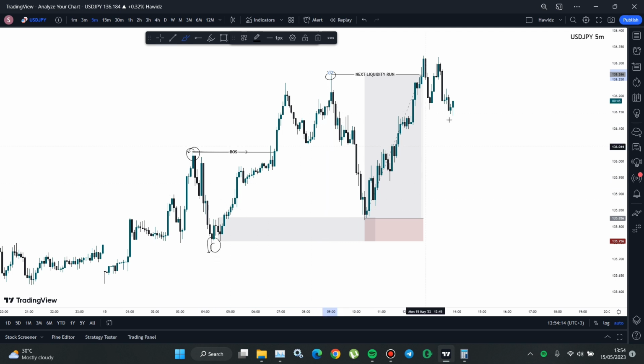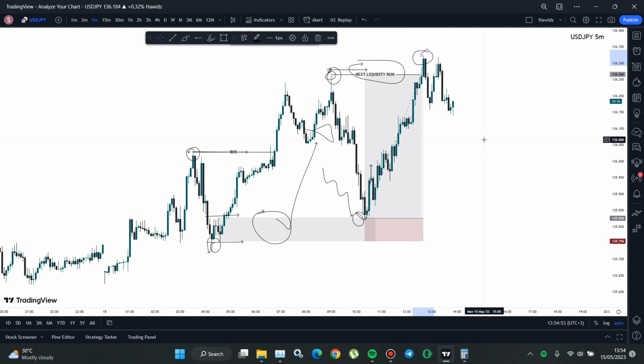Now, of course, what we just did is apply the concept of supply and demand, whereas we needed to find ourselves a correct demand zone or a bullish order block that price would probably retrace into before going higher and taking out this high here as its next liquidity run. And that's precisely what happened, right? So price just came in, tapped into our order block right here, and then boom, that bullish push to the top side and taking out this high by putting in this high here as the new high.